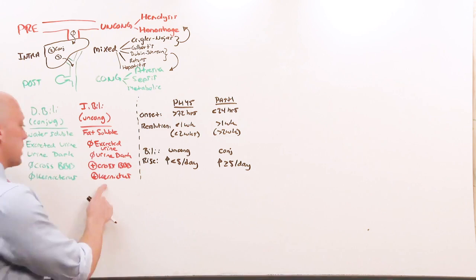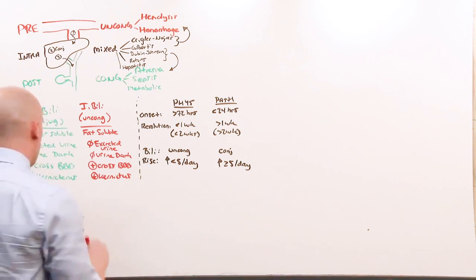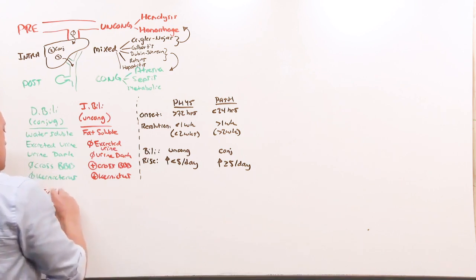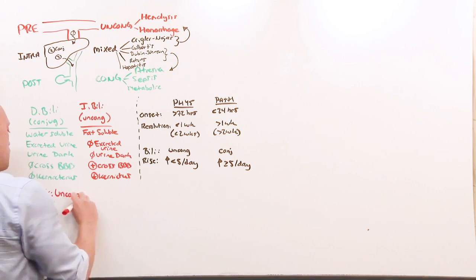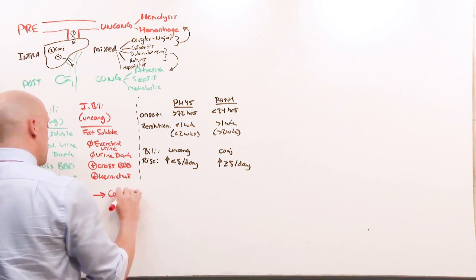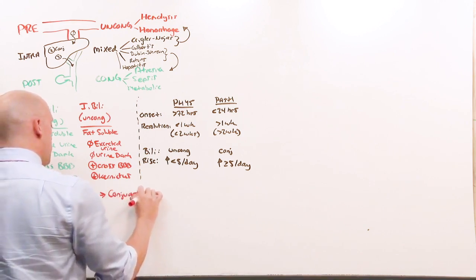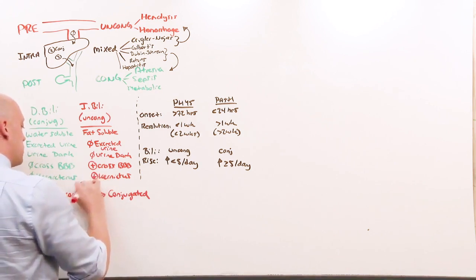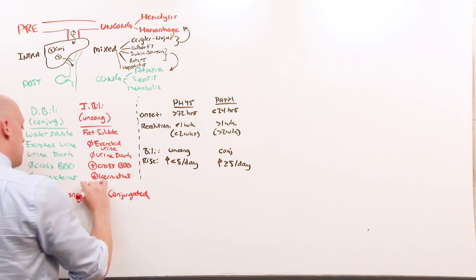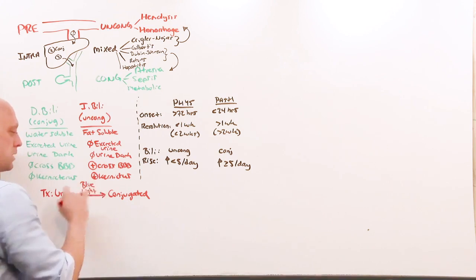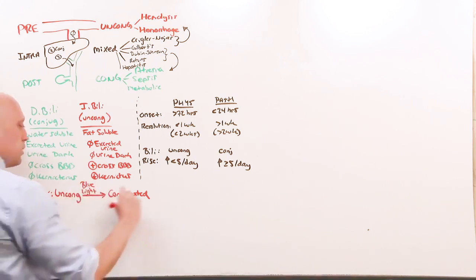But we know that kernicterus is bad, so the thing you need to treat is an unconjugated hyperbilirubinemia, and you need to get it to conjugate. This step is achieved by putting a baby into a box with a blue light, a little mini tanner, and basically have the light conjugate that bilirubin.